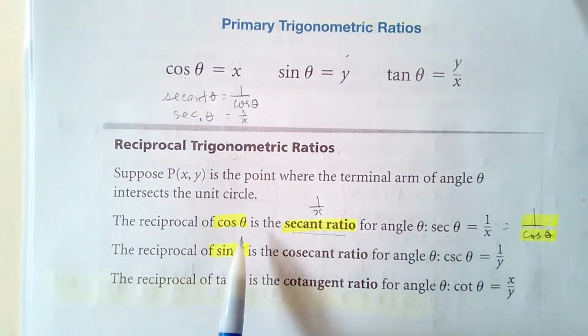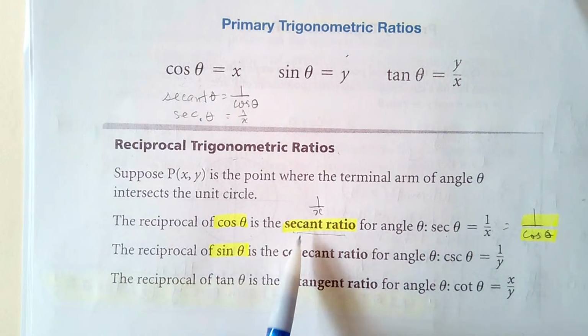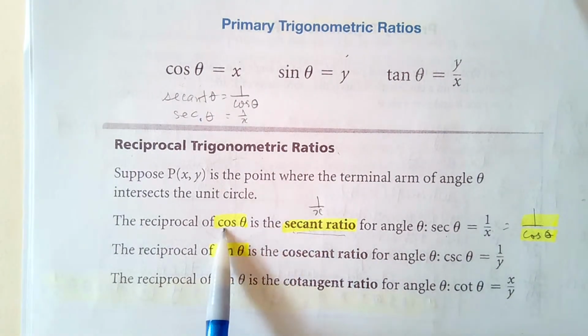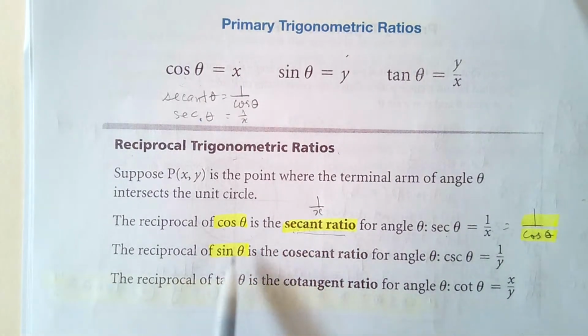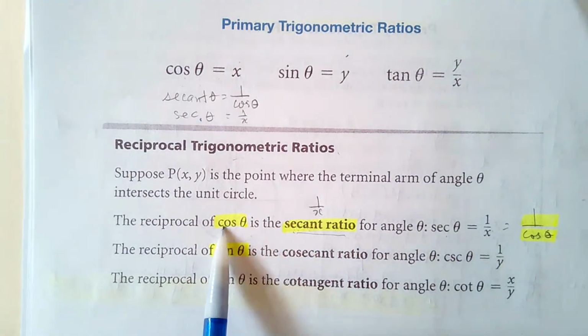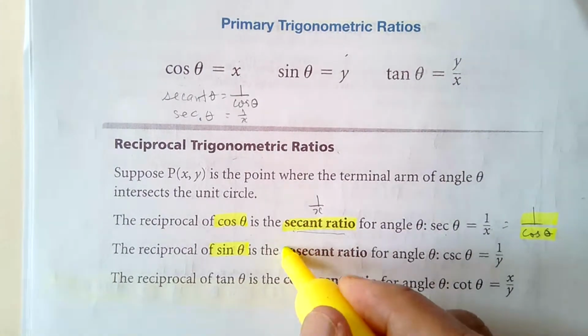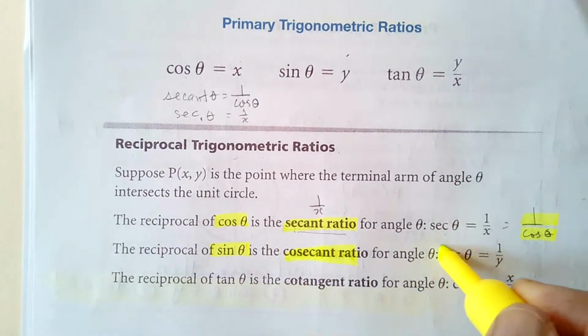By the way, a way to remember, so you don't get confused: secant and cosecant, just remember that C and S are the reverse. Wherever you see the C in secant, sine is cosecant. That will help you remember which one is which.